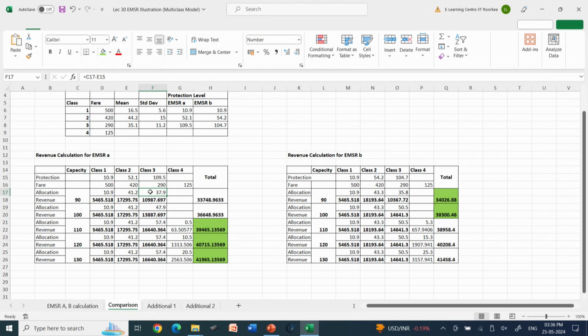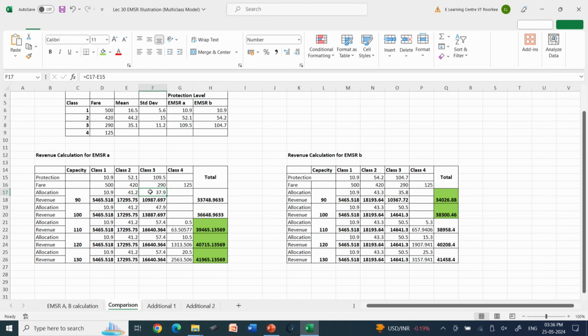Since we have only 90 seats available in this particular case, out of 109, let us say 52 seats are going to 1 and 2. So, 57 seats are actually possible for class 3, but since our total capacity itself is 90, we cannot use the total protection level for class 3, rather we will be able to use only 37.9 seats for class 3.